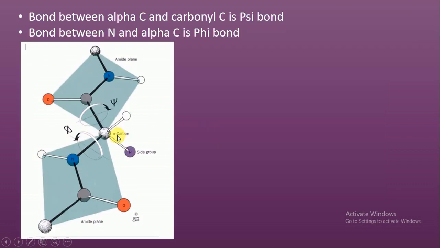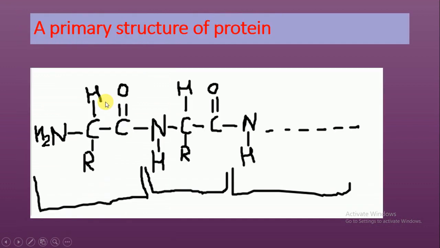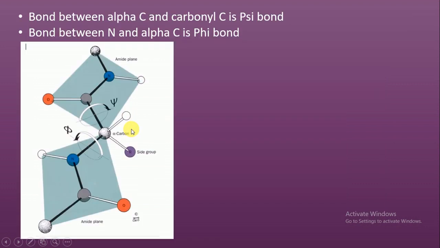Just now we saw that this alpha carbon and carbonyl carbon bond can rotate, and the alpha carbon and nitrogen phi bond can rotate, but rotation is not possible between the carbonyl carbon and nitrogen because of partial double bond character.